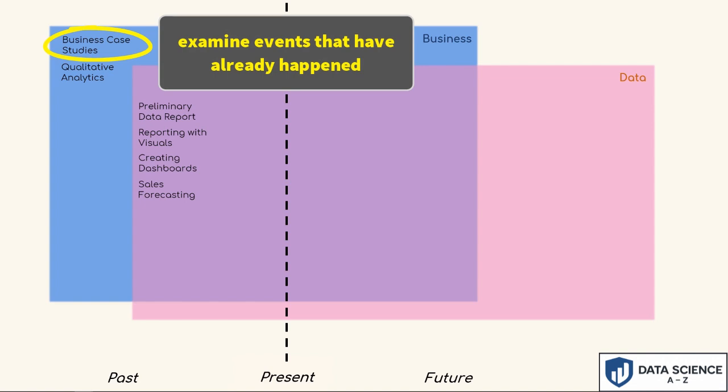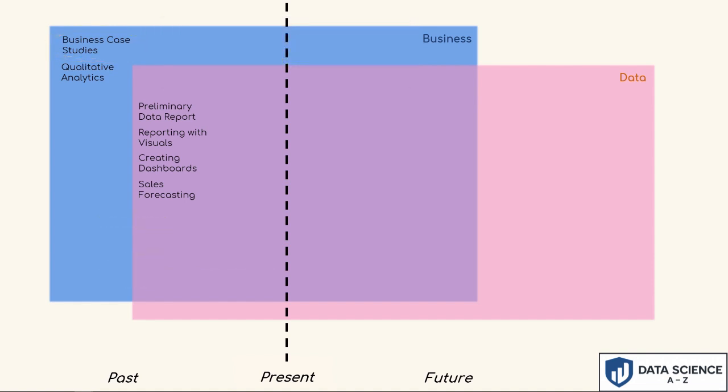Perfect! Business case studies examine events that have already happened. For instance, one could learn from them and attempt to prevent making a similar mistake in the future, right? As a result, we could say studying business cases is part of your analysis. So, this activity refers to the past. Hence, it must be located on the left of the vertical line on our graph.